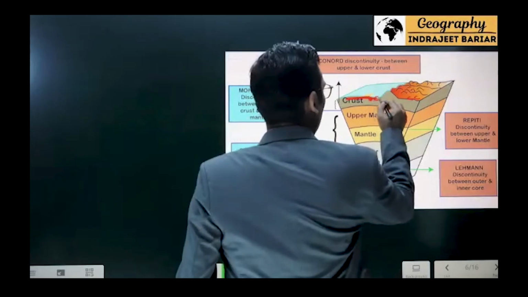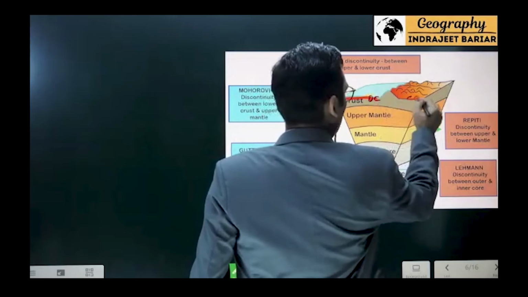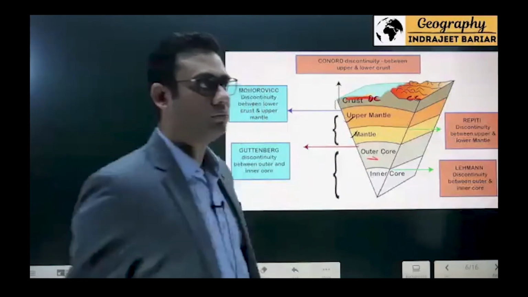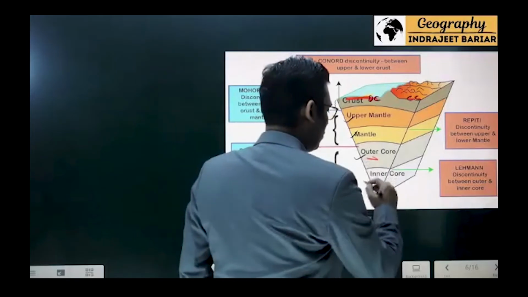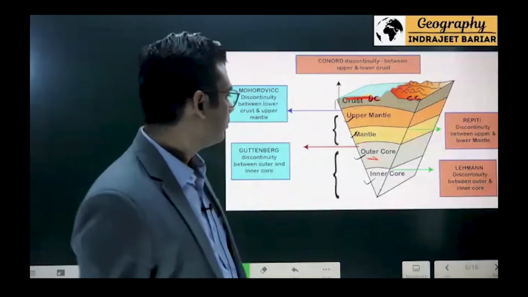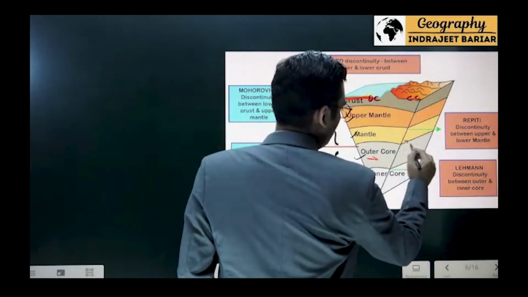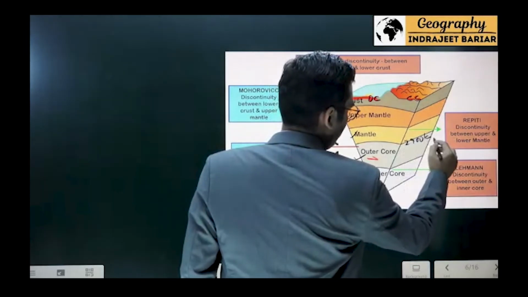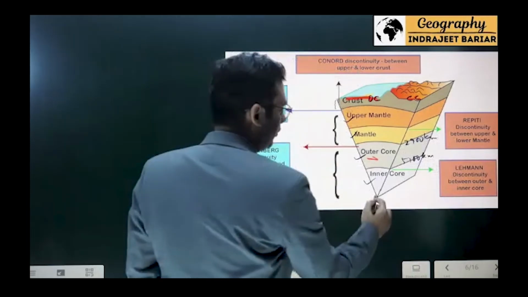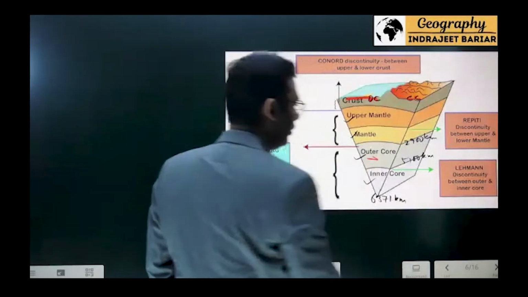So oceanic crust, continental crust, that's the first part. Then I have upper mantle, lower mantle, and then we have outer core, inner core. The limits of depth over here are 2,900 kilometers, 5,100 kilometers. And then you have 6,371 kilometers, which is the mean radius of the Earth.